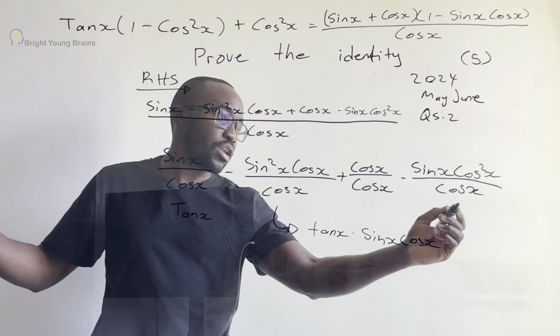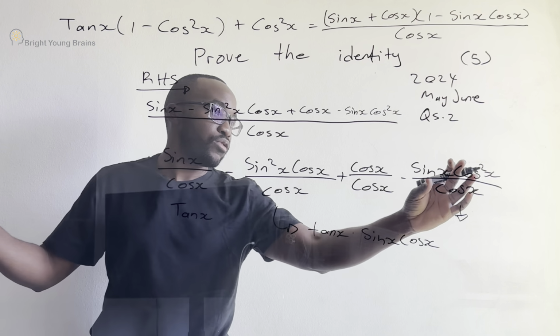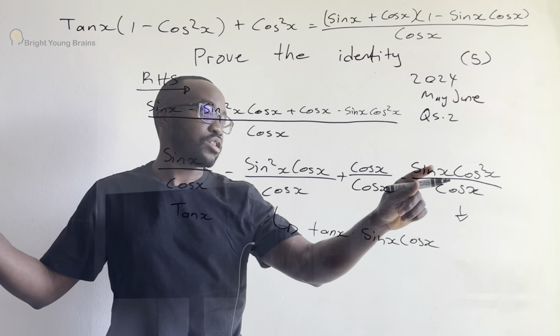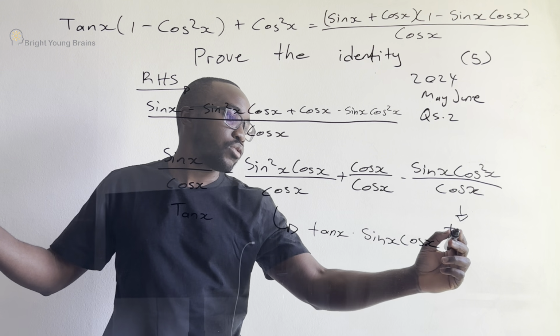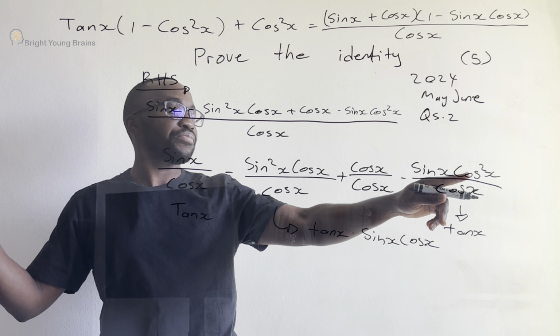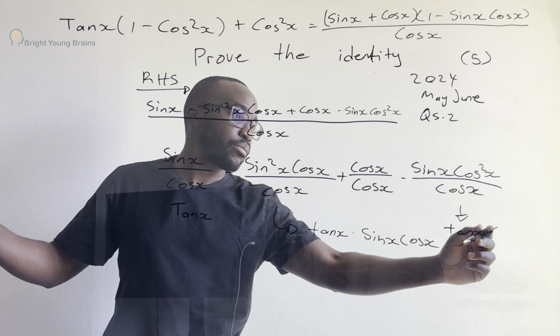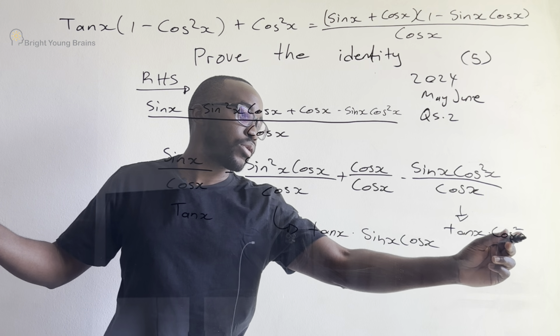So you can maybe then ask yourself, what if I were to change this one to something that is tan x? If you change this to something that is tan x, you're going to have sine x over cos x, which is going to give you tan x, yes. However, fortunately, with this expression here, you will only be multiplying the tan x with cos squared x.